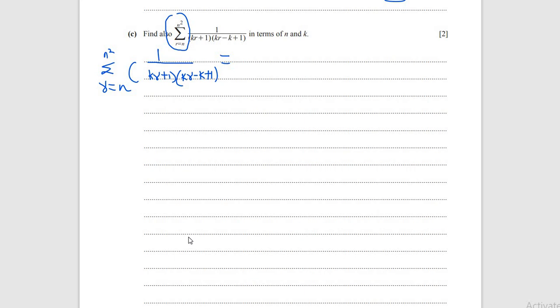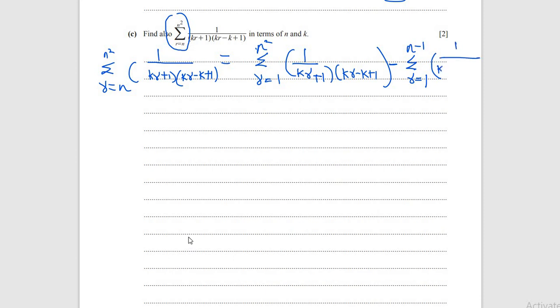That will be summation r equal to 1 to n squared of 1 over kr plus 1, kr minus k plus 1, minus summation r equal to 1 to n minus 1 of the same function.